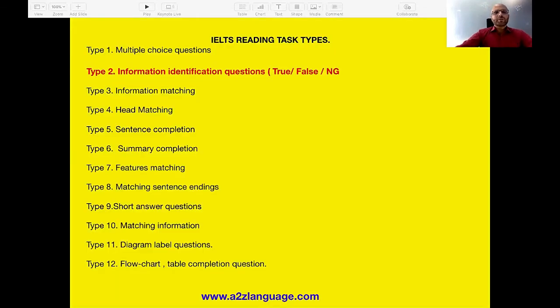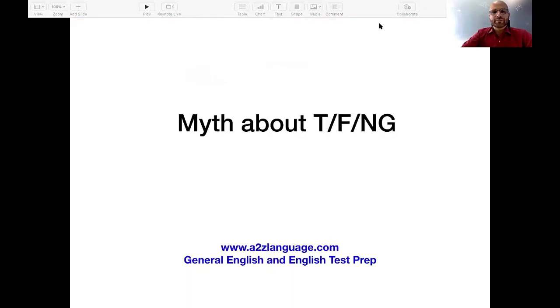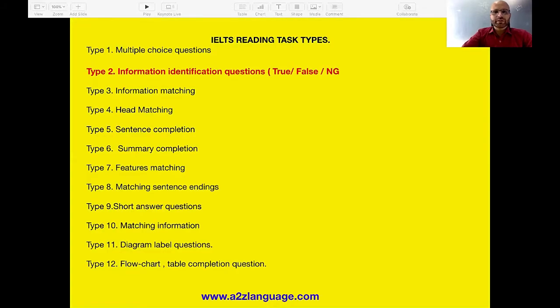These are the task types. If you look at these task types, there are 12 to 13 as per the Cambridge official guides that say 12 to 13 different task types of the IELTS exist.